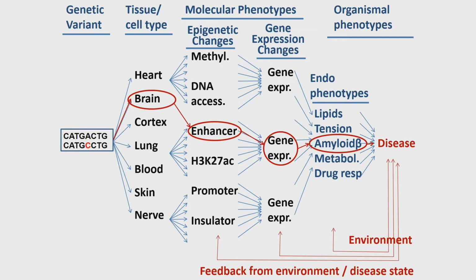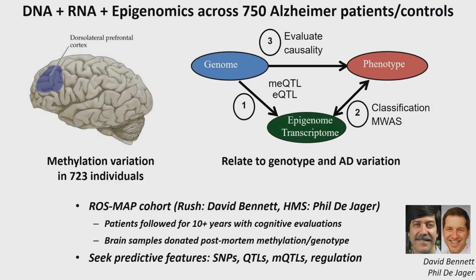This is, of course, very challenging because many of these intermediate variables might be a consequence of the disease or a consequence of the body fighting the disease. So we need to develop new statistical models to infer causality and to understand the mediation of the genetic effects through these intermediate variables. We've applied this very broadly.